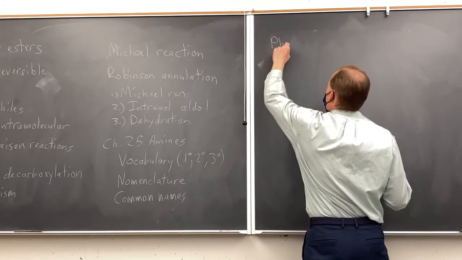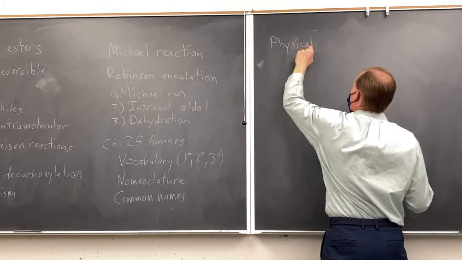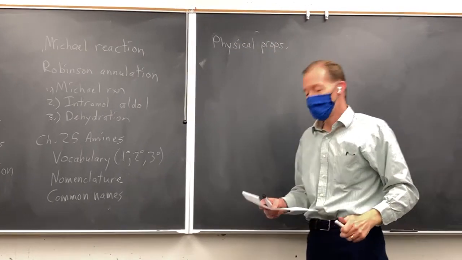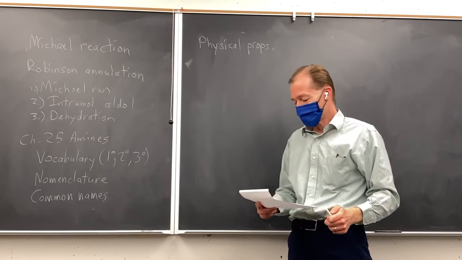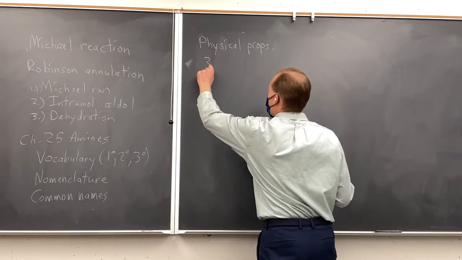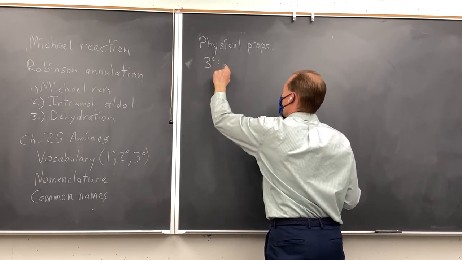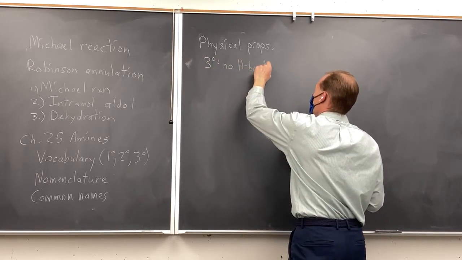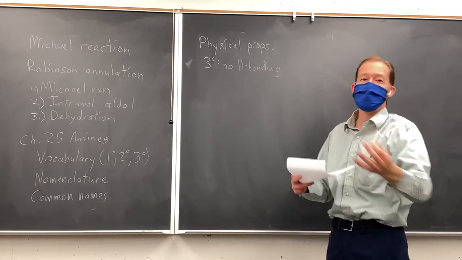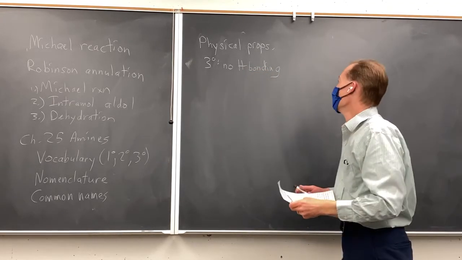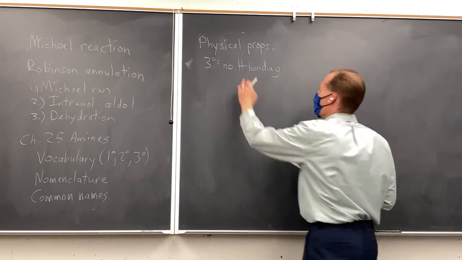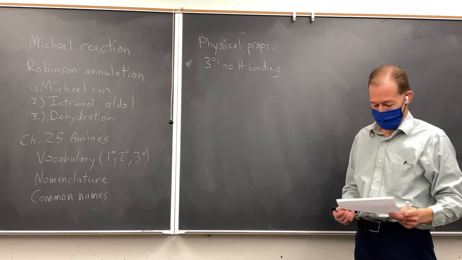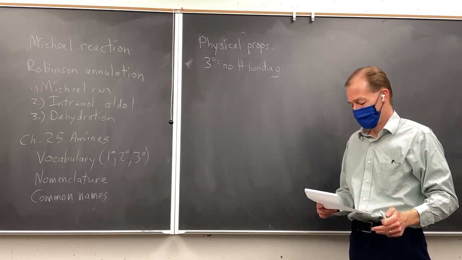We talked about the physical properties of amines. And there were two key features there. One was that tertiary amines cannot hydrogen bond to each other. They can hydrogen bond to water molecules, of course, so they can dissolve in water, but they're not going to be able to hydrogen bond to each other, so they have lower boiling points than other types of amines.